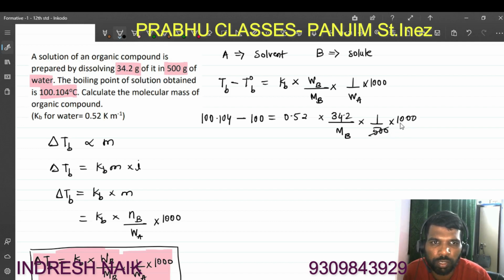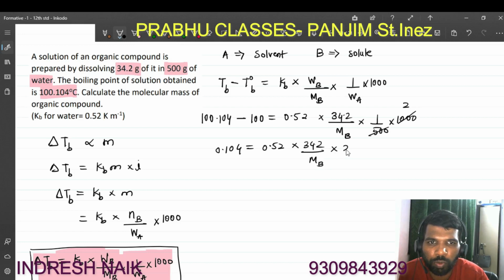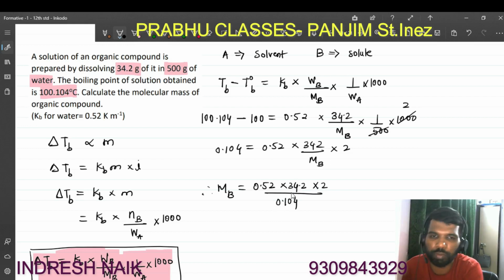So this will get cancelled, leaving a factor of two. This difference will be 0.104, equal to 0.52 into 34.2 upon MB into 2. So therefore, MB will be equal to 0.52 into 34.2 into 2 divided by 0.104.